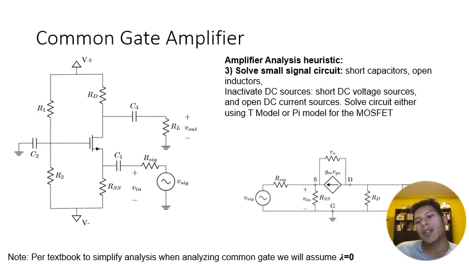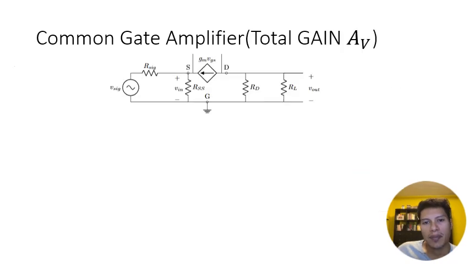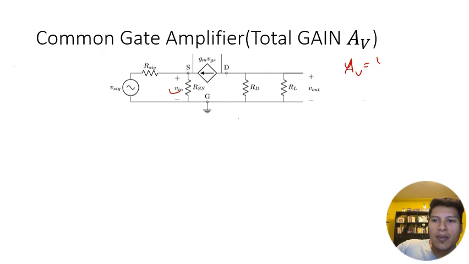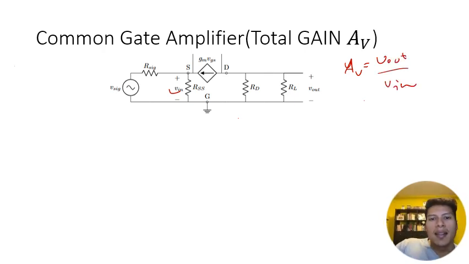And now we're actually going to derive what Av, Avi, Ro, and Ris is. And we're always going to assume lambda is 0 because that's what the book does. So we will actually remove this ro from our following circuits. So this is the circuit we need to analyze, and we need to come up with the gain, or Vout over Vin. So Av is equal to Vout over Vin.